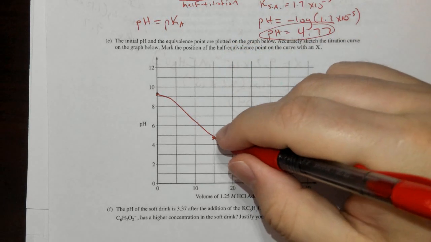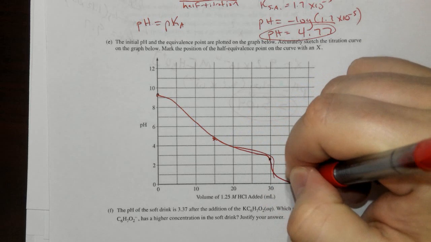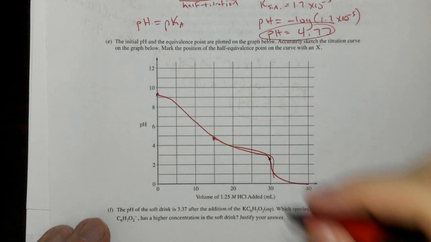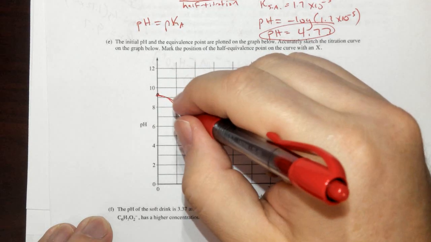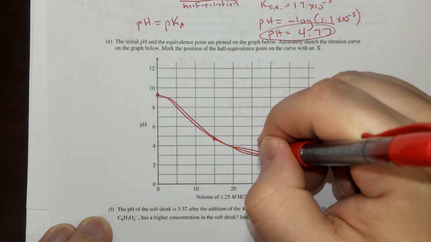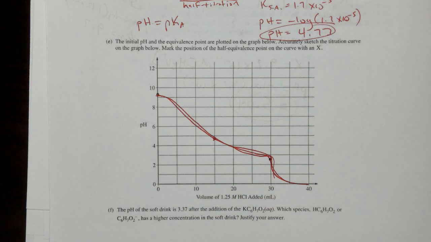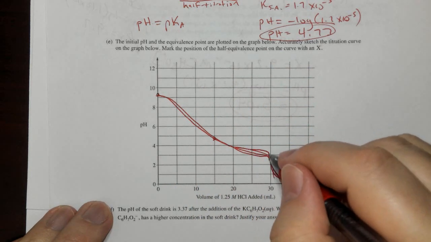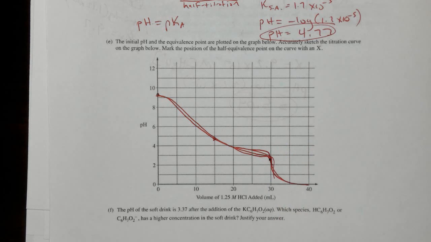that was just terrible. My hand slipped. So something like that. We're not going to have a very big turn. I probably turned it a little late. Something like that. This is a pretty weak base. Now the pKb of this base would be like 10 to the minus 11.